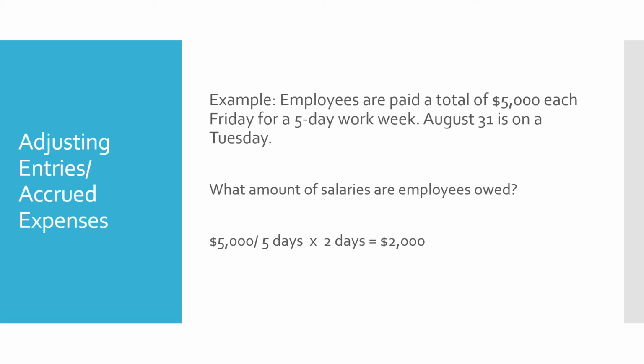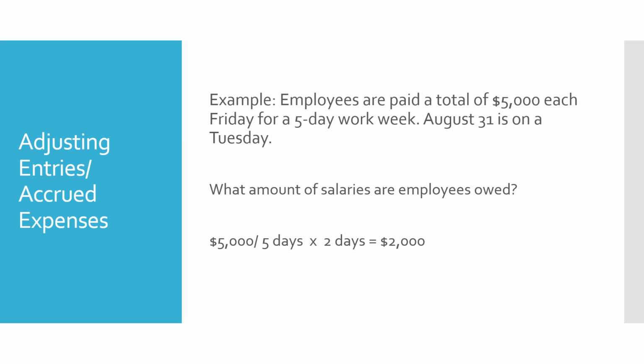A second example of an accrued expense is for our salary expense. So our employees are paid a total of $5,000 every Friday for a 5-day work week, and August 31 is on a Tuesday. So the employees got paid last Friday, but now they've worked Monday and Tuesday, so we have incurred 2 more days' worth of salary expense.